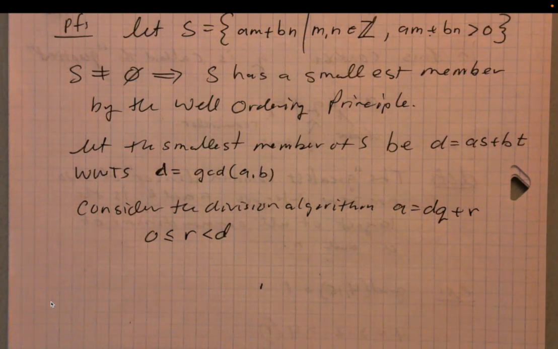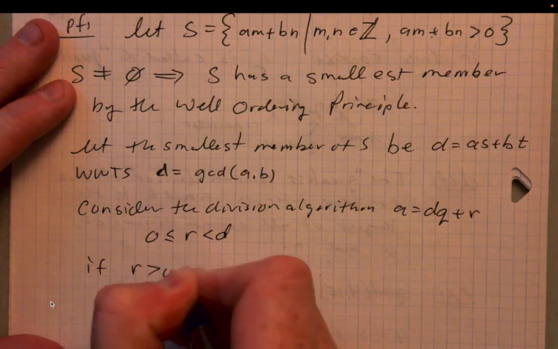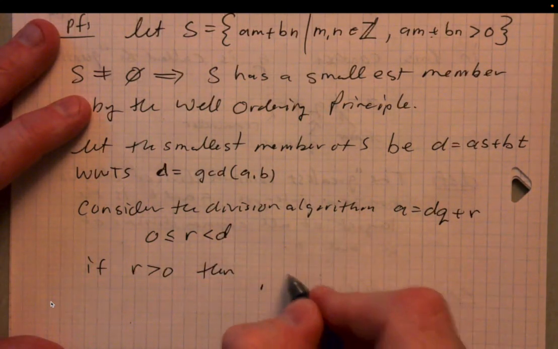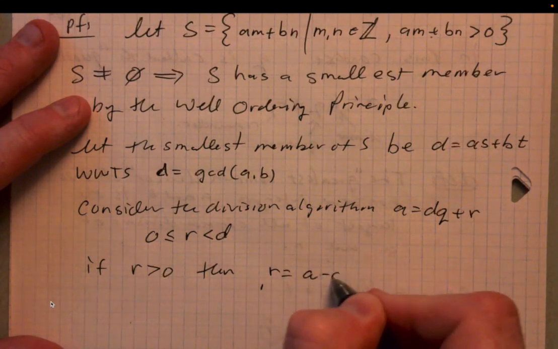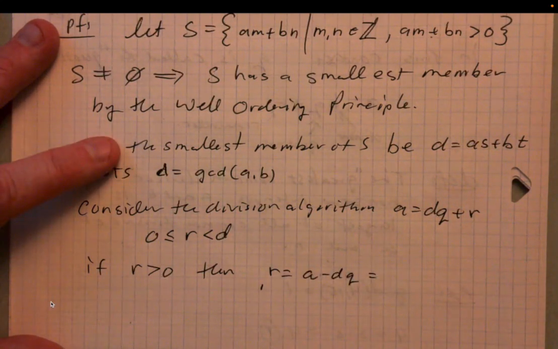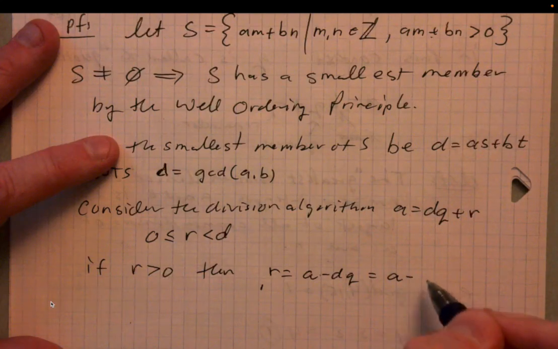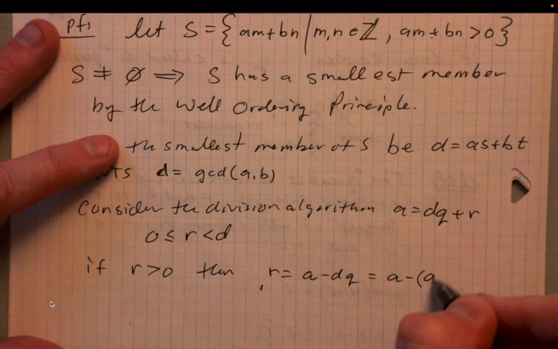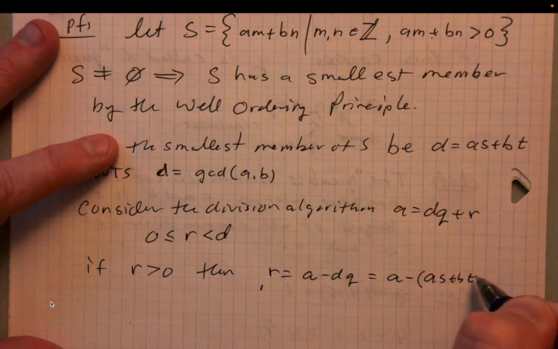All right, so assuming that r is greater than 0, then what? Well, r is equal to a minus dq, which is a minus, now what is d? d is as plus bt, times q.